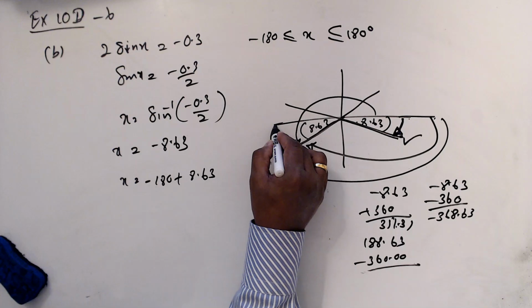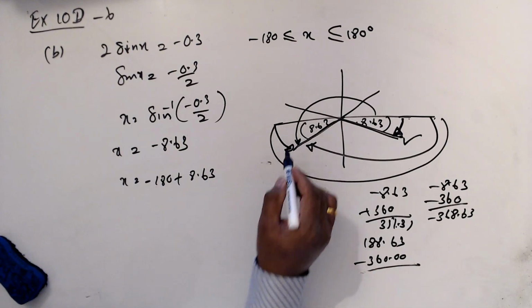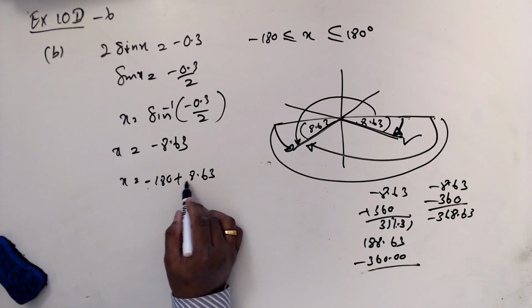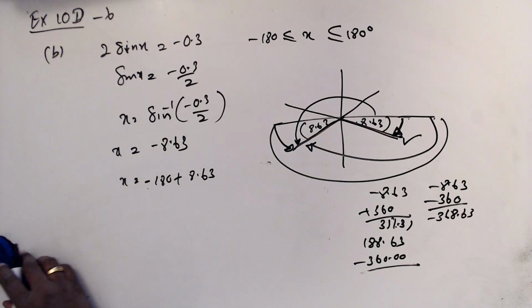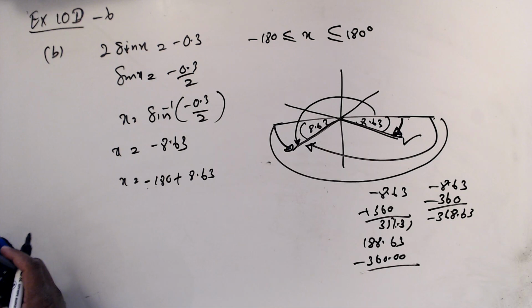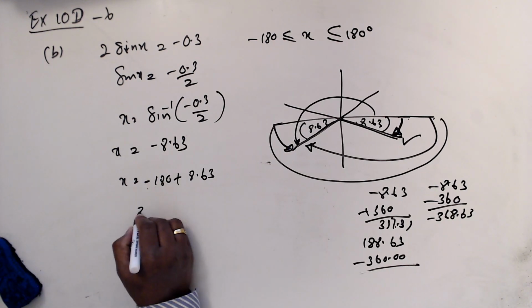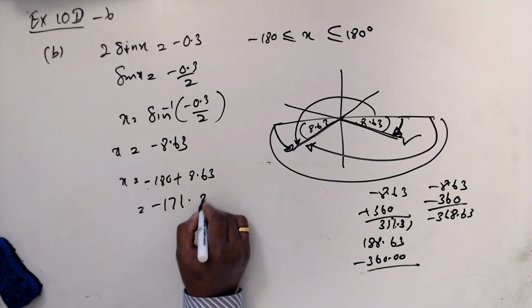Go 180, come back. Go 180 minus the other one, 8.63. So I work differently with that one. So this is minus 171.37.